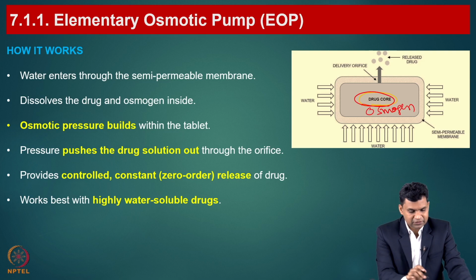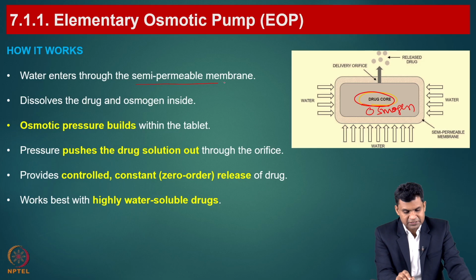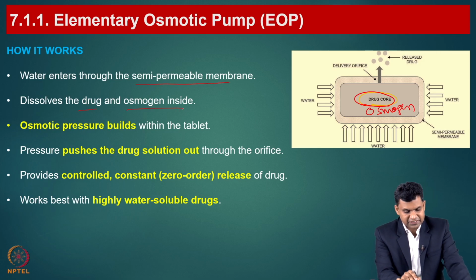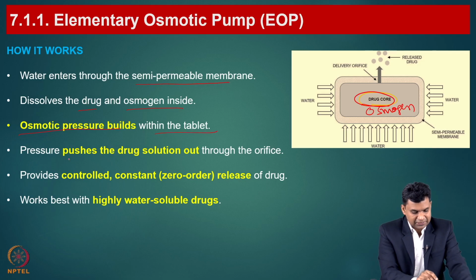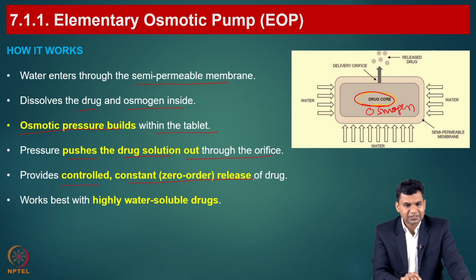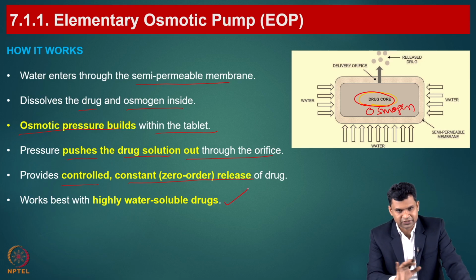Water enters through the semi-permeable membrane, dissolves the drug and osmogens inside, and osmotic pressure builds within the tablet. The pressure then pushes the drug solution out through the orifice, which provides controlled and constant zero order drug release, and this is preferable for highly water soluble drugs.